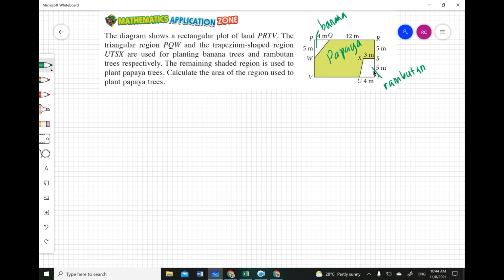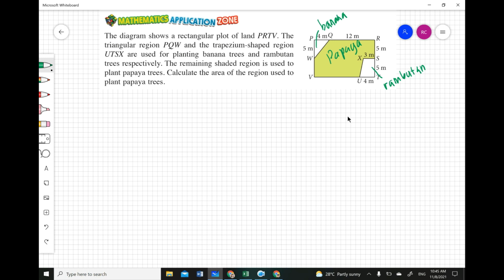You are given the whole rectangle, you just need to minus the triangle, minus the trapezium. Then you get the area of the shaded region. Understand or not? So what we need to do is find the area of the rectangle. After that, we are going to find the area of the triangle, the trapezium, and use the rectangle to minus both of them.